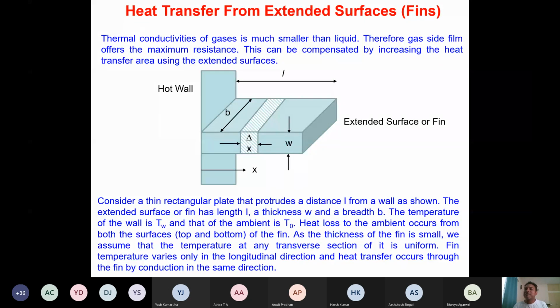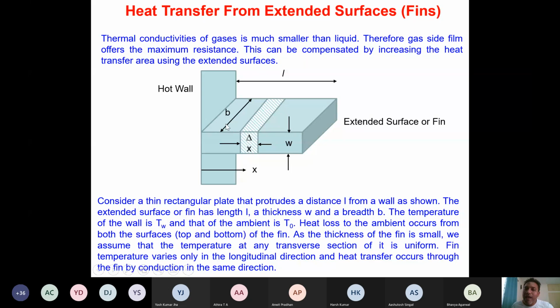If I increase the heat transfer area by having the extended surface, remember, you can see the extended surfaces coming out. If I don't have this extended surface, I will have only this much area, B into W. That will be the area available for heat transfer if I don't have the extended area.